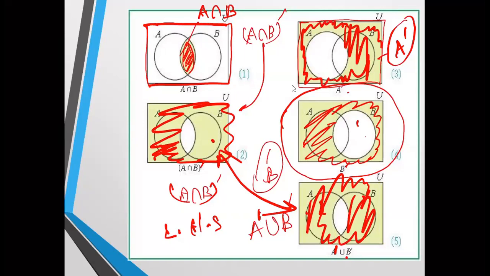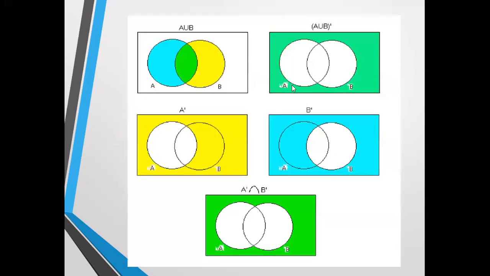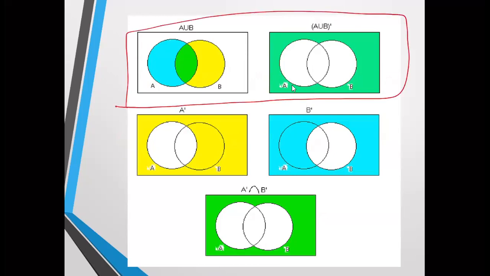Okay. Let's discuss the second De Morgan's law. A union B complement is equal to A complement intersection B complement. Here, consider this diagram. Now see the first two diagrams.